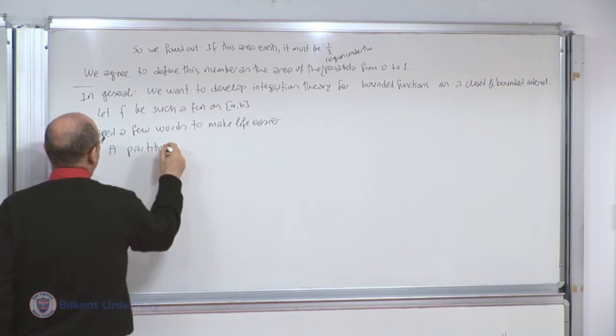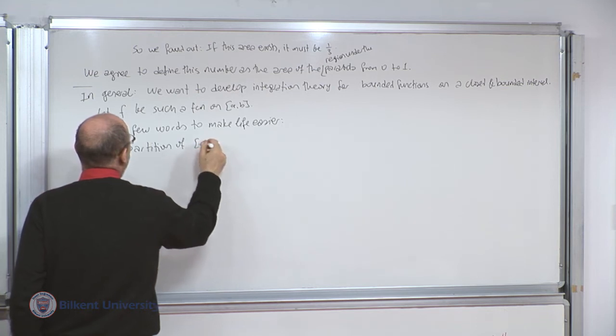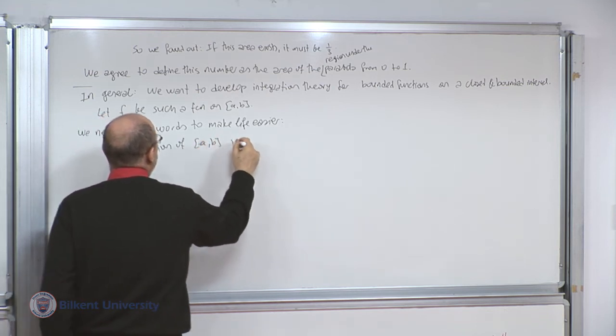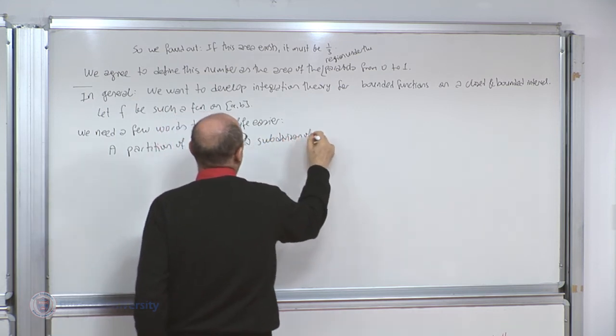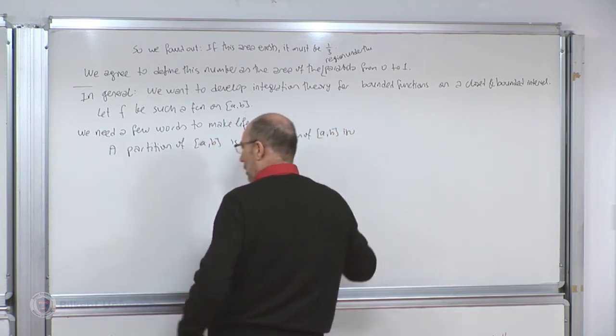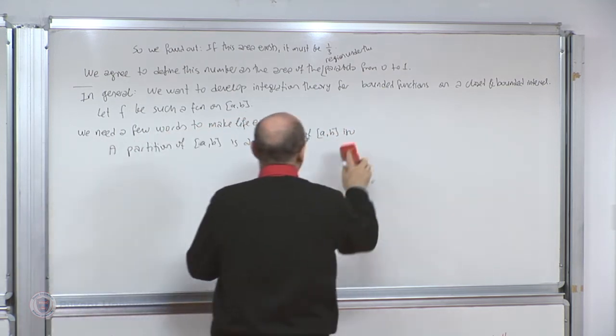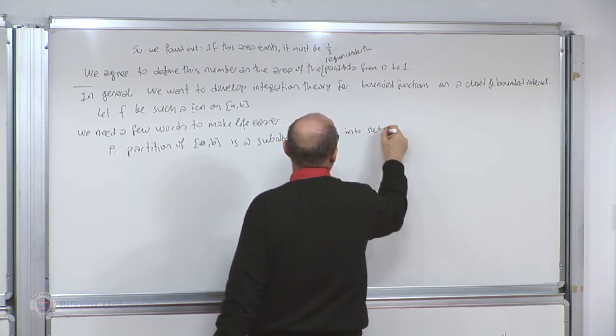A partition of [a, b] is a subdivision of [a, b] into smaller intervals, into subintervals.